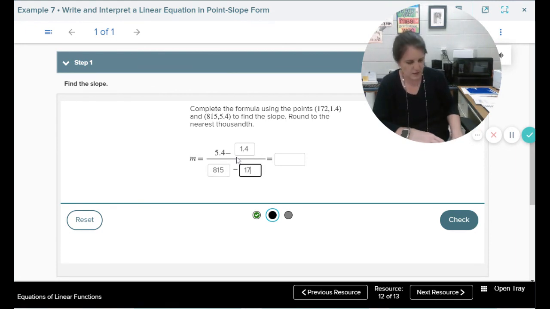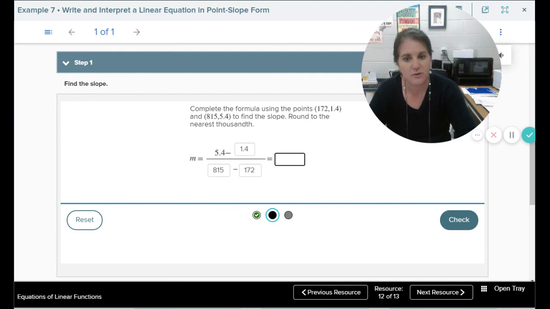Actually, went the other way, but okay, so I did change in y, y2 minus y1 over x2 minus x1. Let's go ahead and calculate, and we'll follow the directions this time and round to the nearest thousandth. So 5.4 minus 1.4, which is 4. I didn't need to punch that in the calculator. Divided by 815 minus 172.